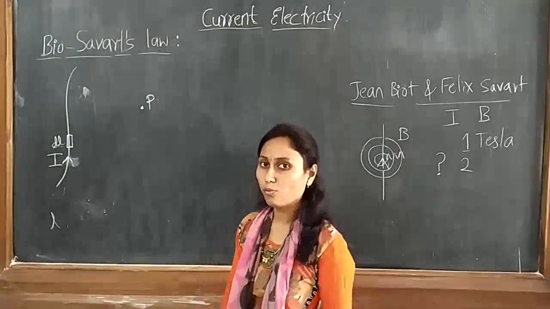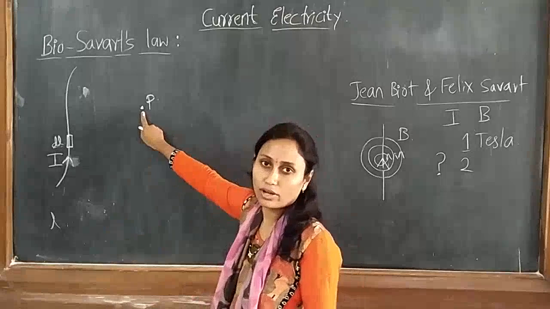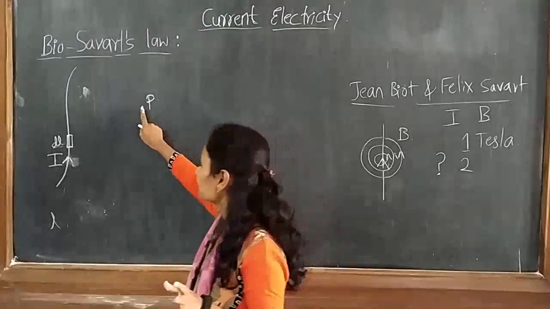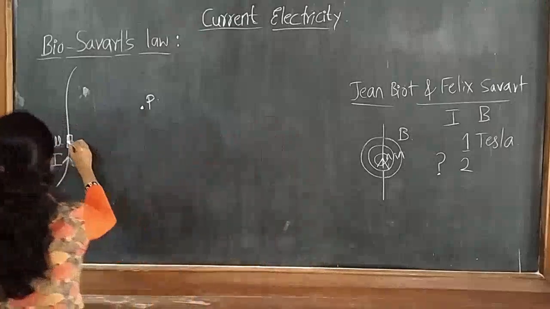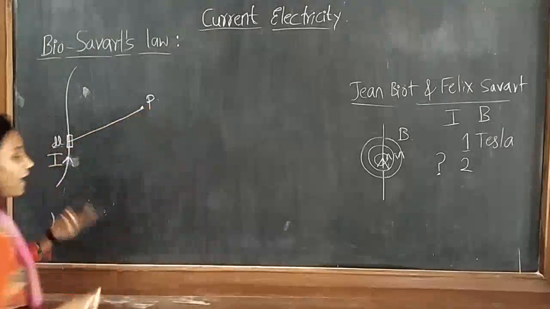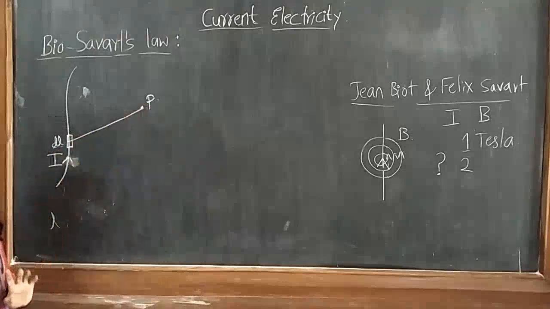And the third point, what is the specification of this point P? It is there at a certain distance from dl. Now I will join the point to the current element we had chosen. This is the element we had chosen, which is at a certain distance.